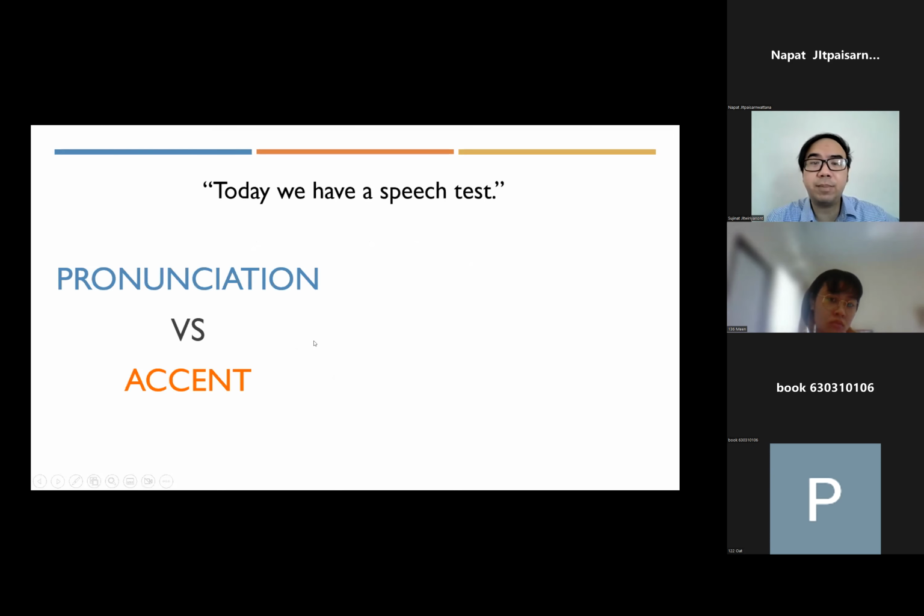This is a very important view. Because when we think about pronunciation, we have to set our goal. We want to have a very good accent, and what counts as a good accent needs to be discussed as well. We may want an accent similar to a main variety of English, like RP, Received Pronunciation, or American English.